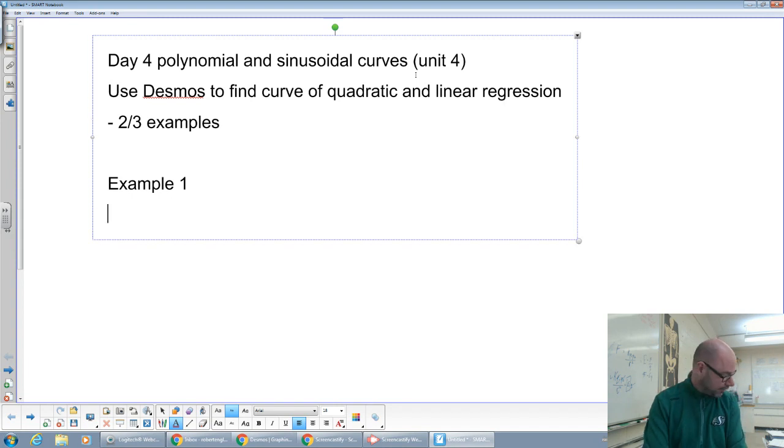Let's say we have some data. A spherical balloon is being inflated.